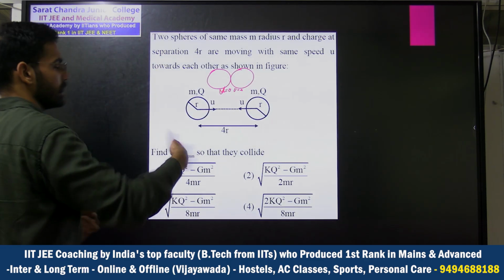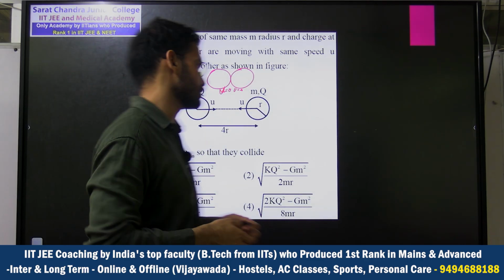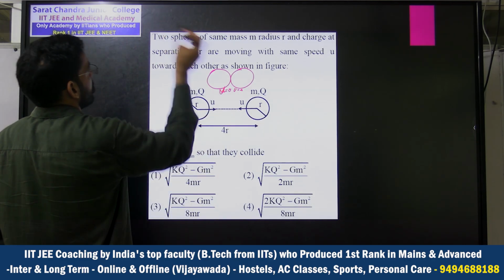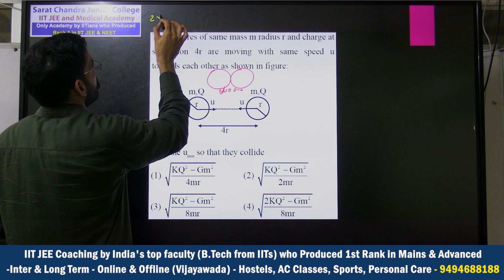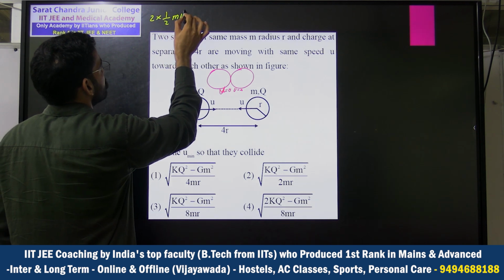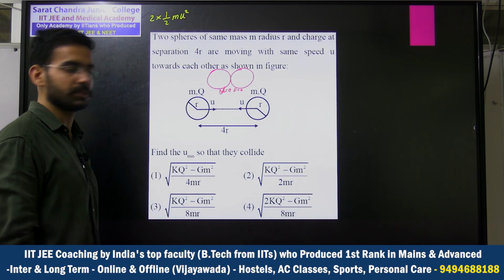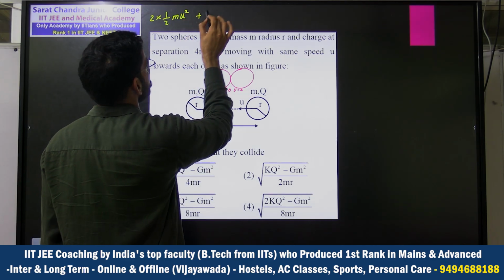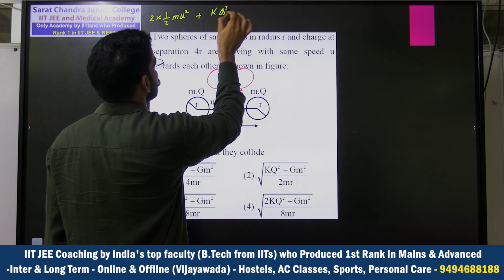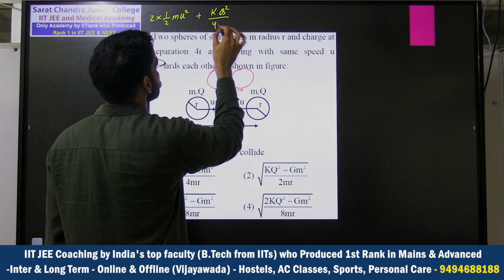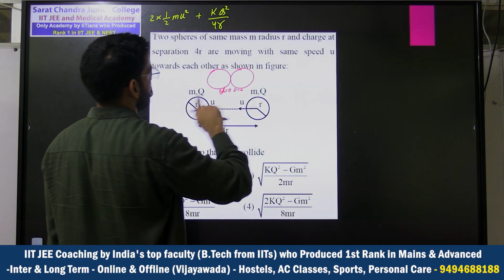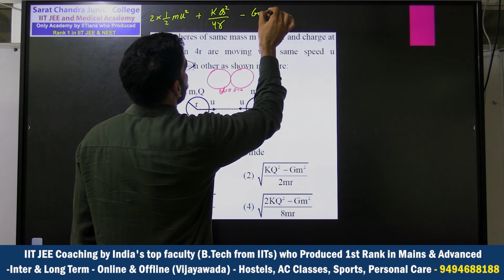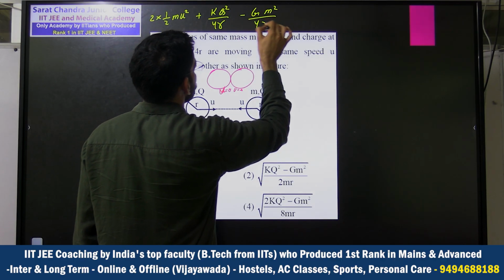Now here electrostatics and gravitation both came together. Initially, the kinetic energy is how much? 2 into half m u squared, correct? This is the kinetic energy, plus the potential energy by the charges, k q squared by 4r, and the masses are there, m, so you can say minus G m squared by 4r.